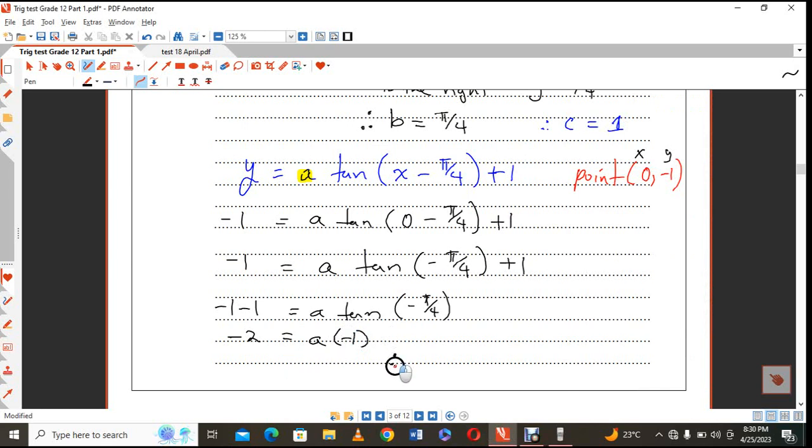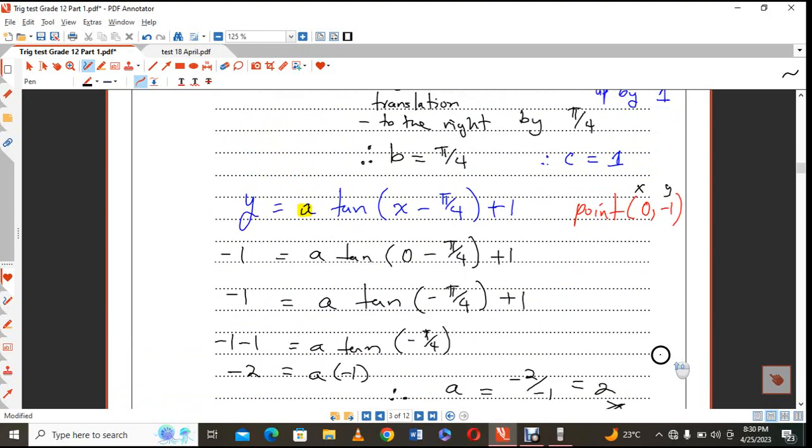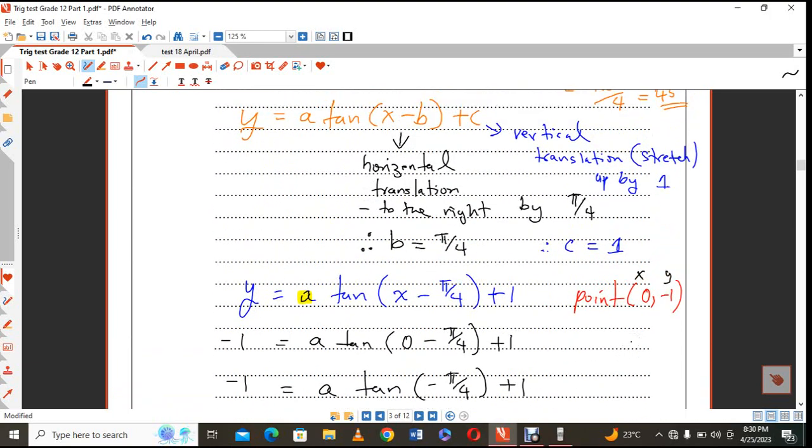Therefore, from here, you have a will be -2 divided by -1, and the value of a is nothing but 2. Can you see that? Now I can go back. So my a value is obviously a equals 2.